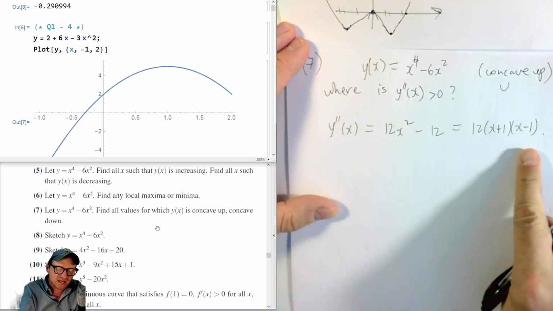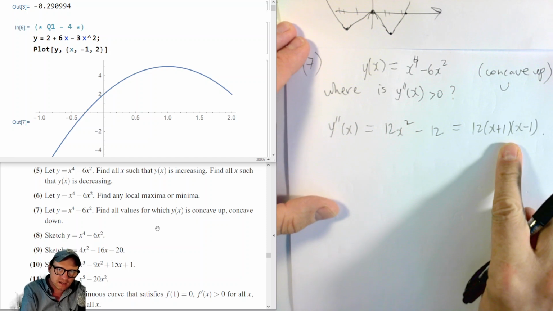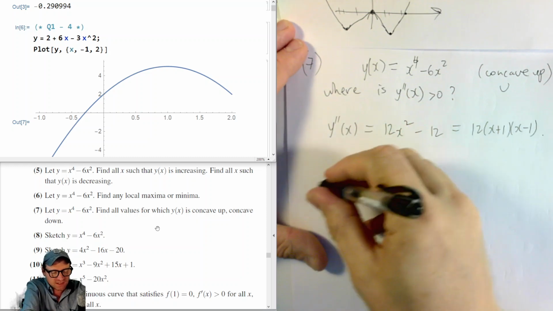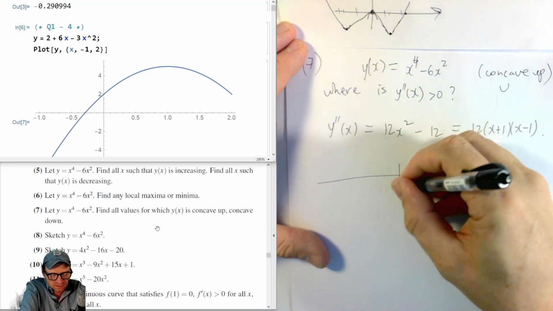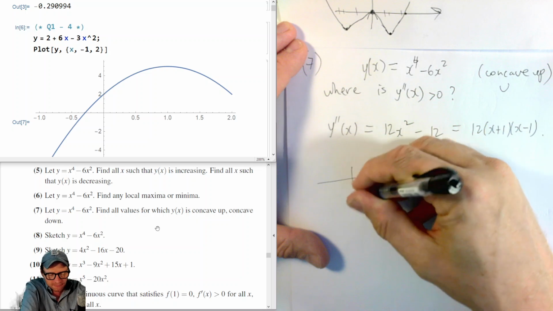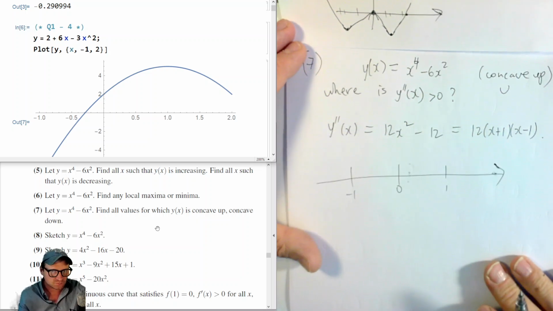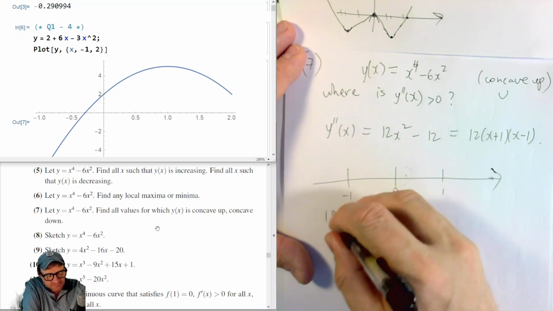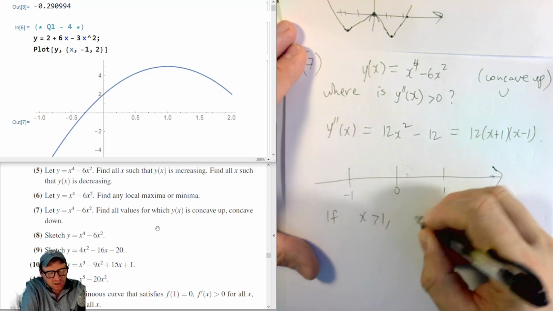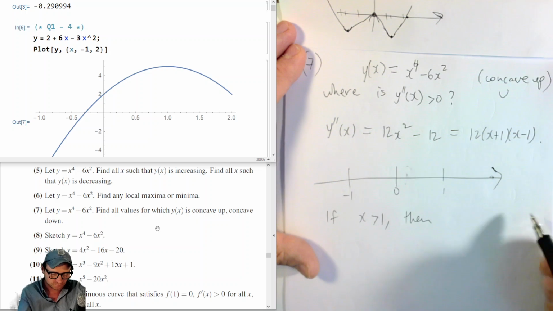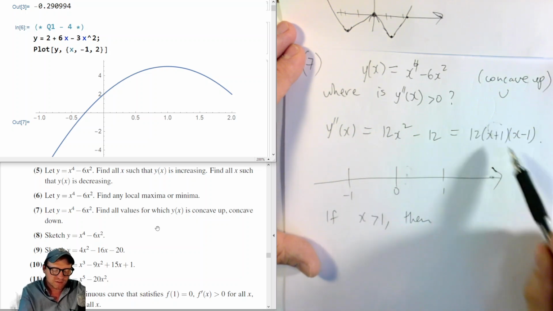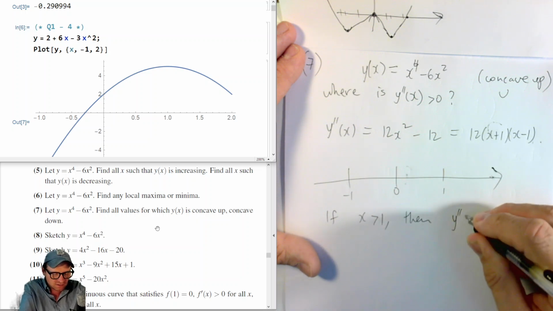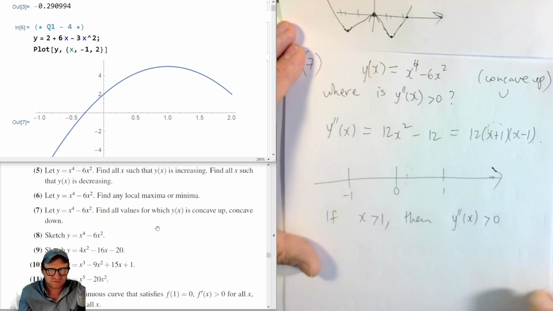Okay, so we need to separate. We know where things change. Things change in sign here at both plus 1 and at minus 1. Okay, so let's find this. 0, 1, minus 1. All right, so let's say then if x is greater than 1, then this would be positive, and this would be positive, and so y double dash of x would be positive.